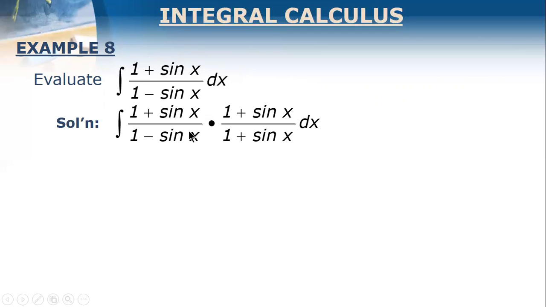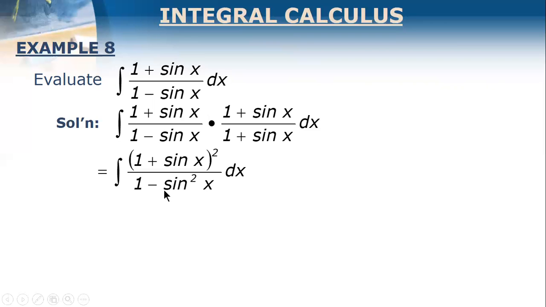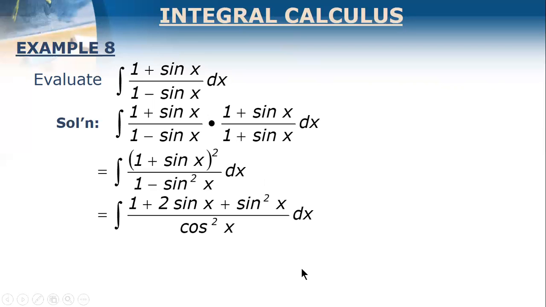And from trigonometric identities, 1 minus sine squared x is actually cosine squared x. So the numerator is 1 plus sine x times 1 plus sine x, and the denominator 1 minus sine squared x is cosine squared x. And so we have this.